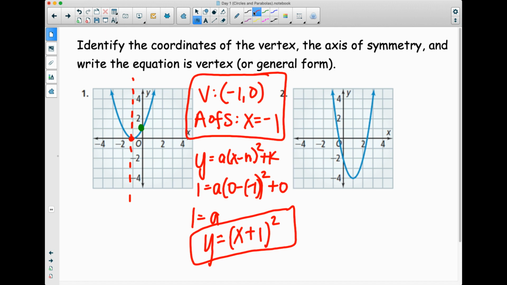So what's my vertex on the next one? 1, -4. There we go. Good job, Matthew. Thank you. Which means our axis of symmetry is what? Good.